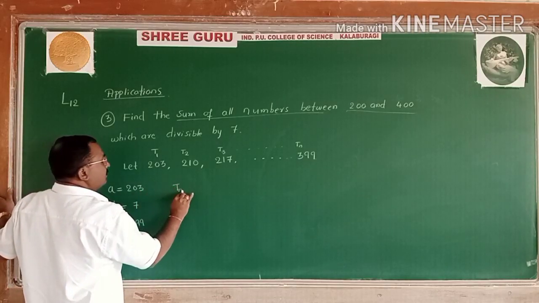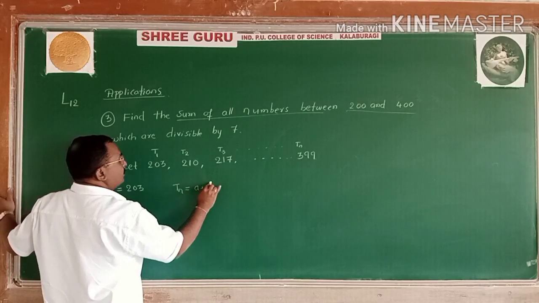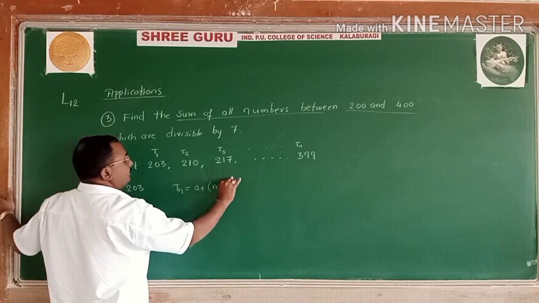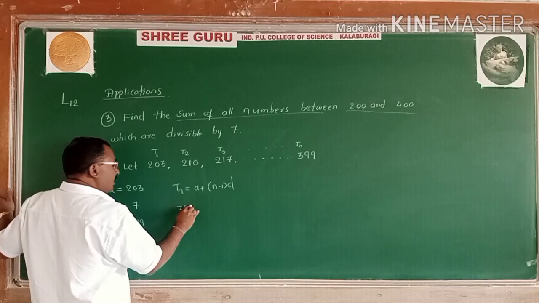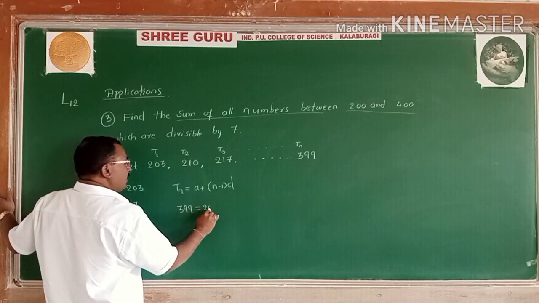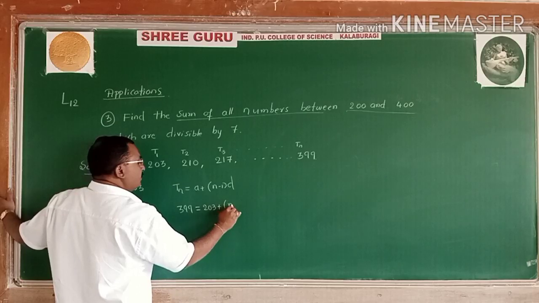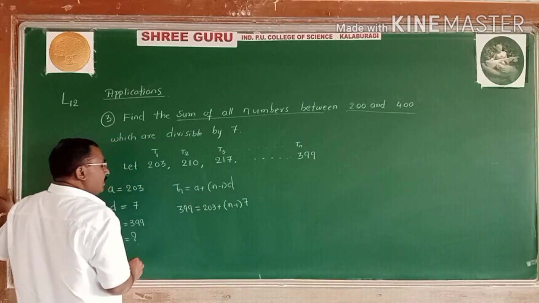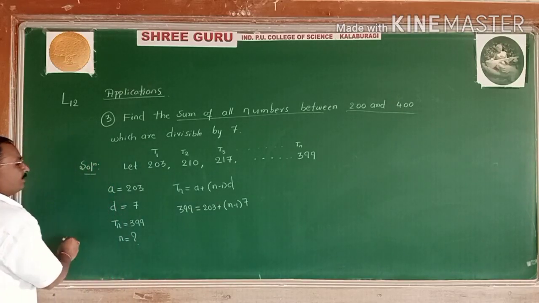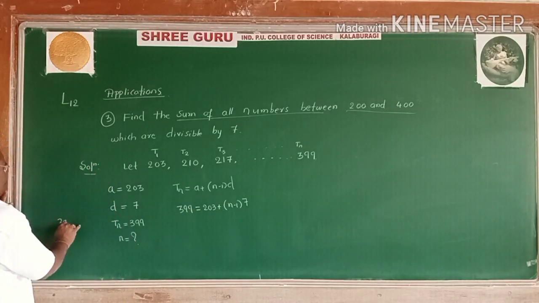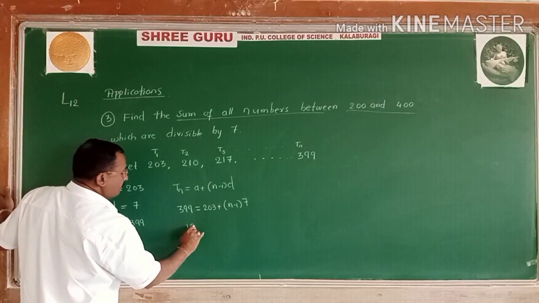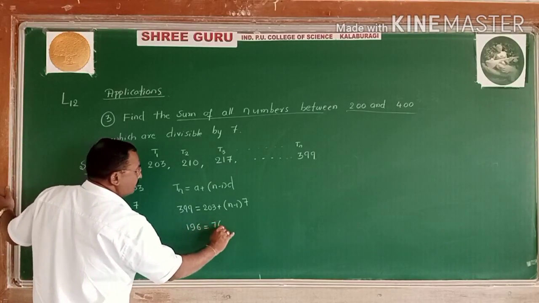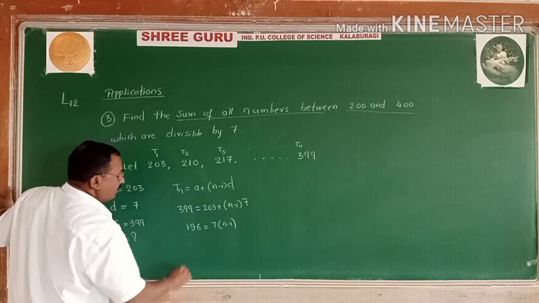We know that Tn is equal to a plus n minus 1 into d. 399, a is 203, n minus 1 into 7. 399 minus 203 is 196. So 196 is equal to 7 times n minus 1.